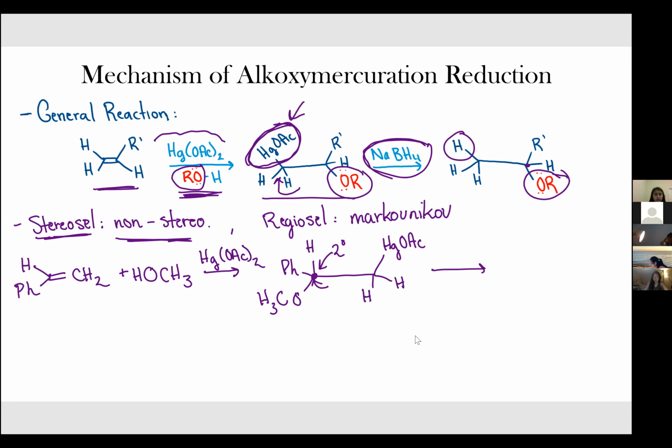Then when we treat this with NaBH4, we replace the mercuric acetate with hydrogen. And this is going to be racemic, right? We have a chiral center at this carbon, so we could have both the R and the S configuration.